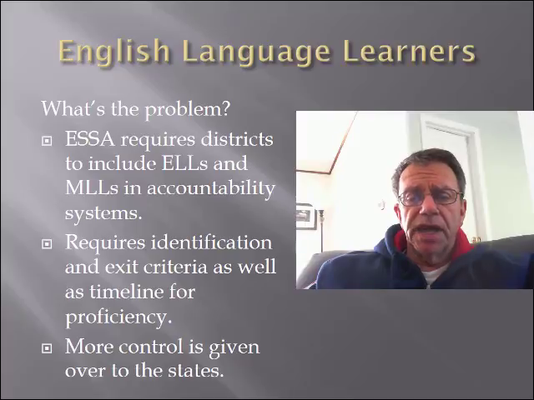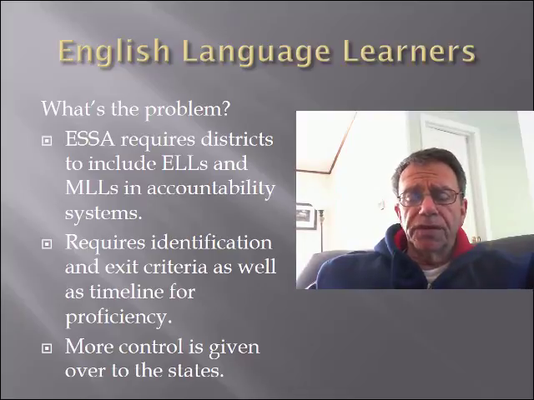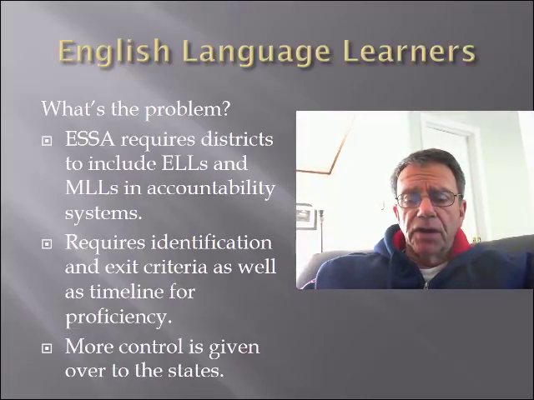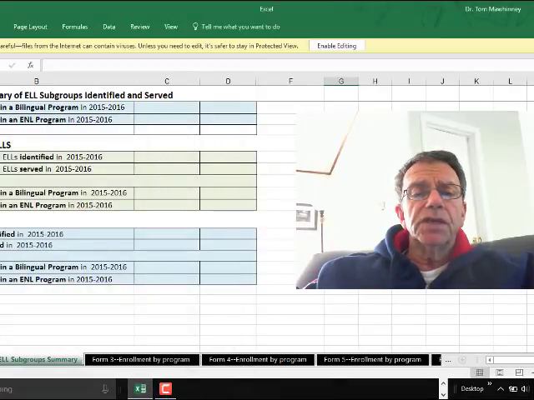There has to be timelines, there has to be a program, and through all this, they've given more control for that to the state, but New York State has typically had more regulations for monitoring those kinds of things than they're required to do. I know that they are required to report, and I'll show you this.